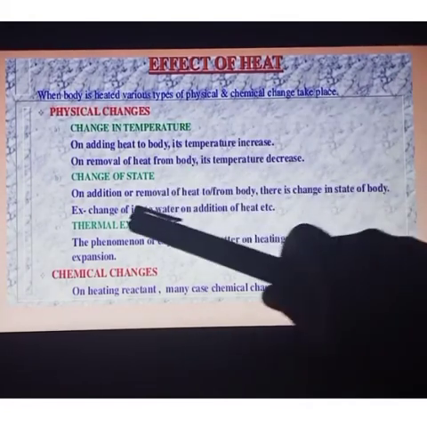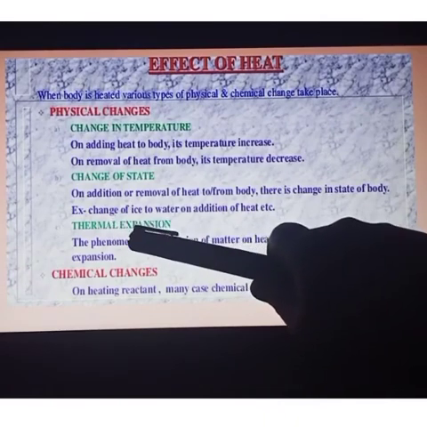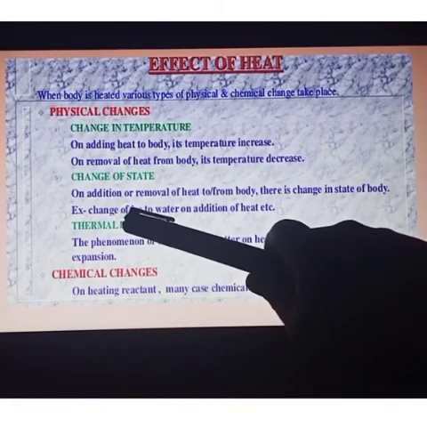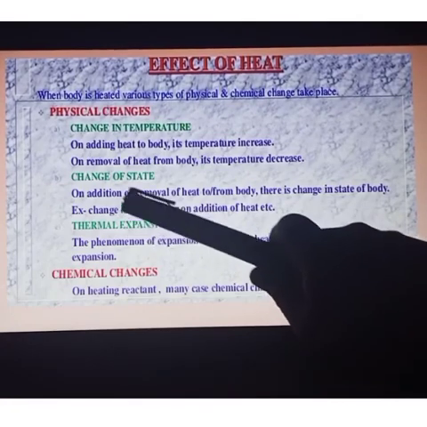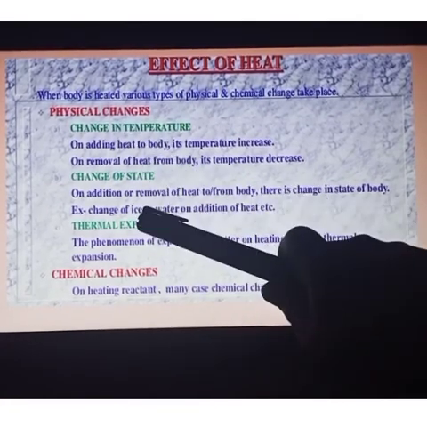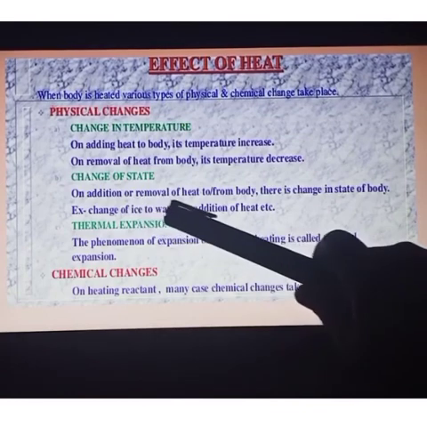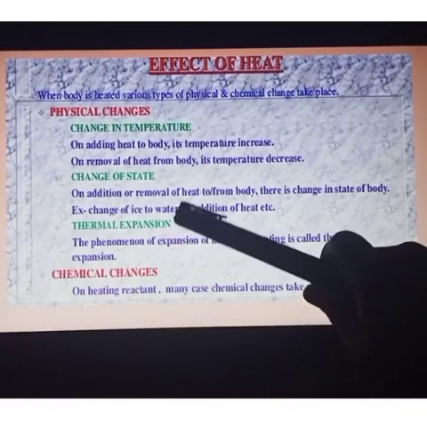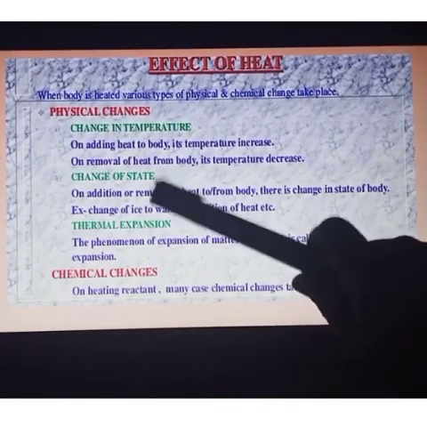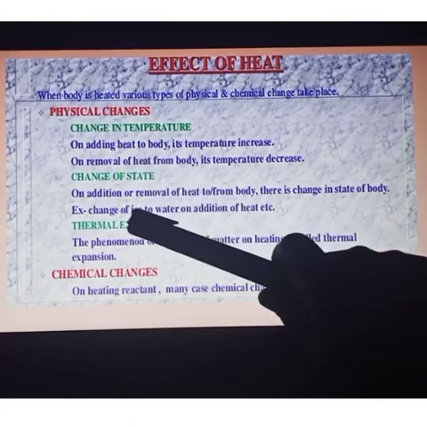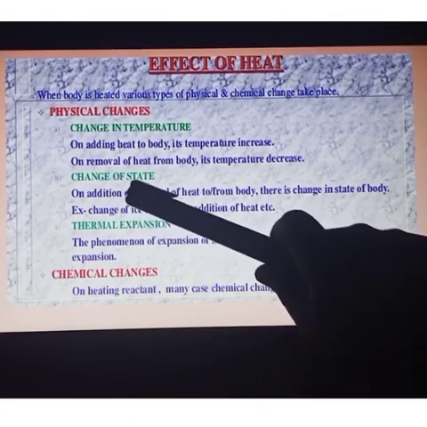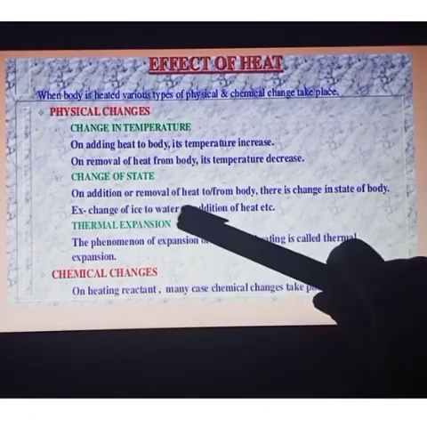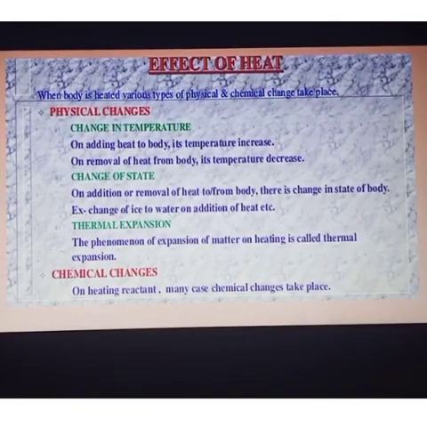That means, suppose we add heat to ice, the ice is a state, so this particular object from its state, that means the ice state, will transform into water. Okay, while adding heat to the ice, this ice state will just convert into water form, on addition of heat. Clear?